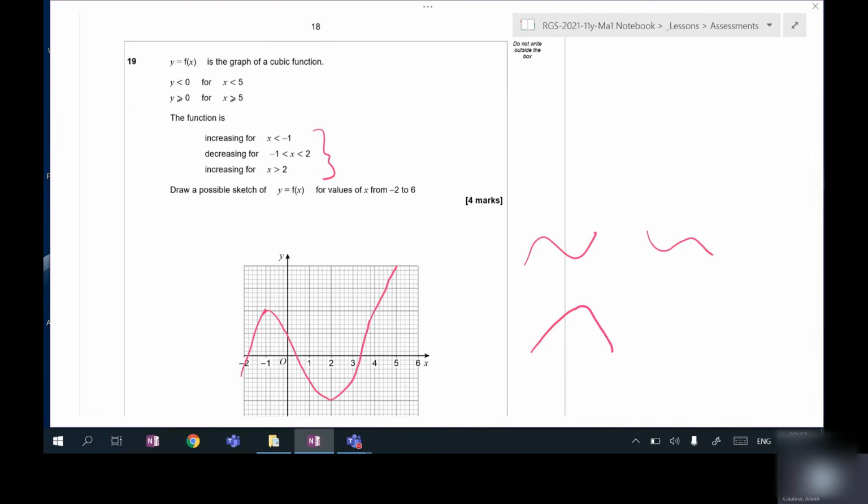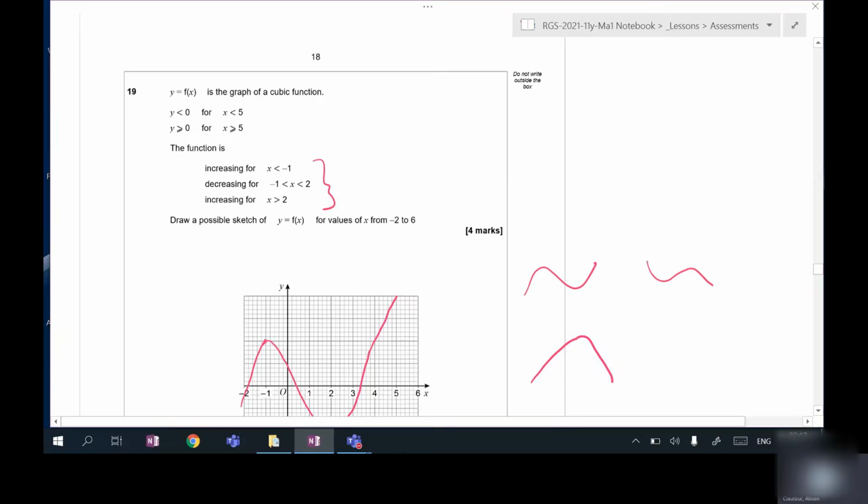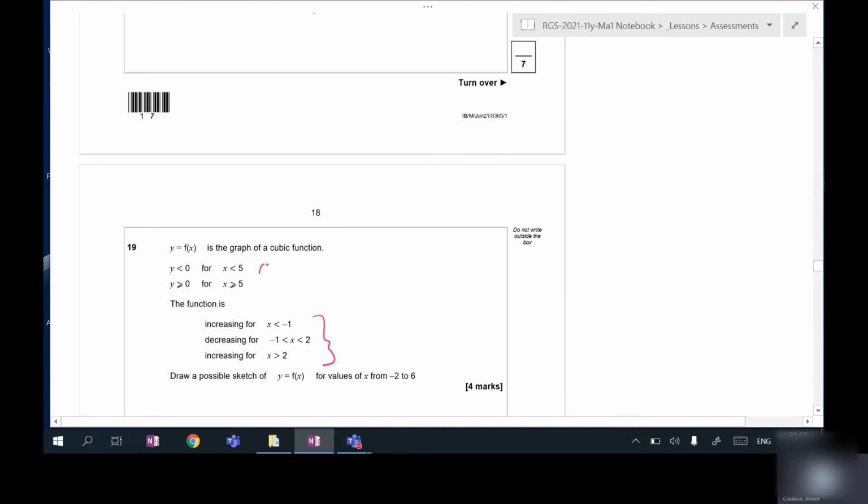So y is less than 0 for x less than 5. So when x is less than 5, we want to have our y values all below. So we need to shift this so it's beneath. That's where your root is, isn't it? And these are your maximums.